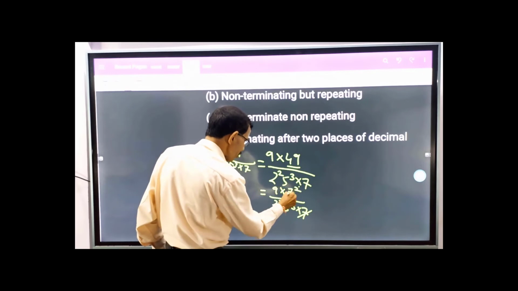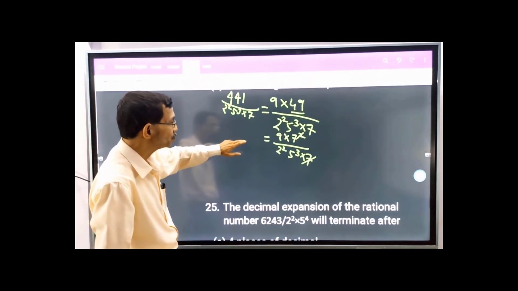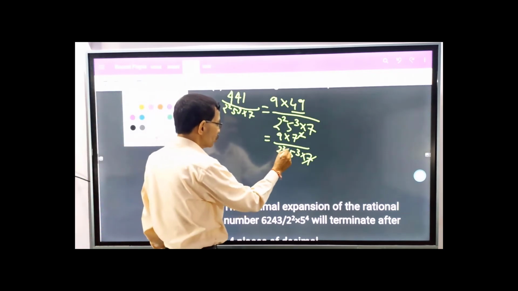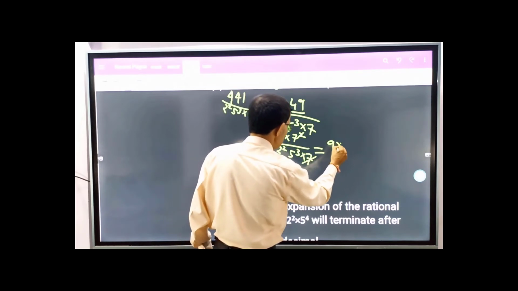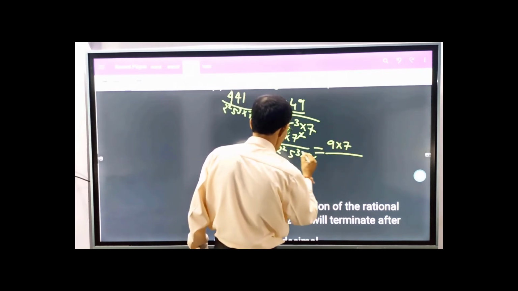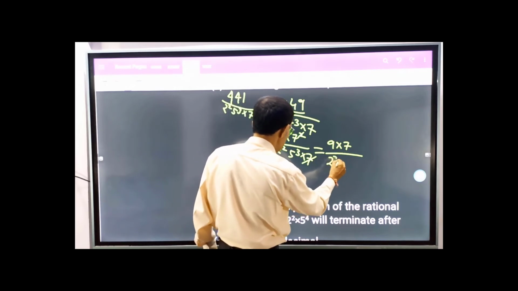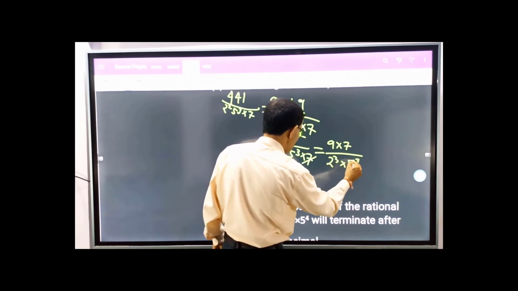And this 7 and this 7 will go. Further, this can be simplified in this fashion. So you see here, this will be 9 into 7 and this will be 2 raised to 2, and I will make this 2 raised to 3 into 5 raised to 3.